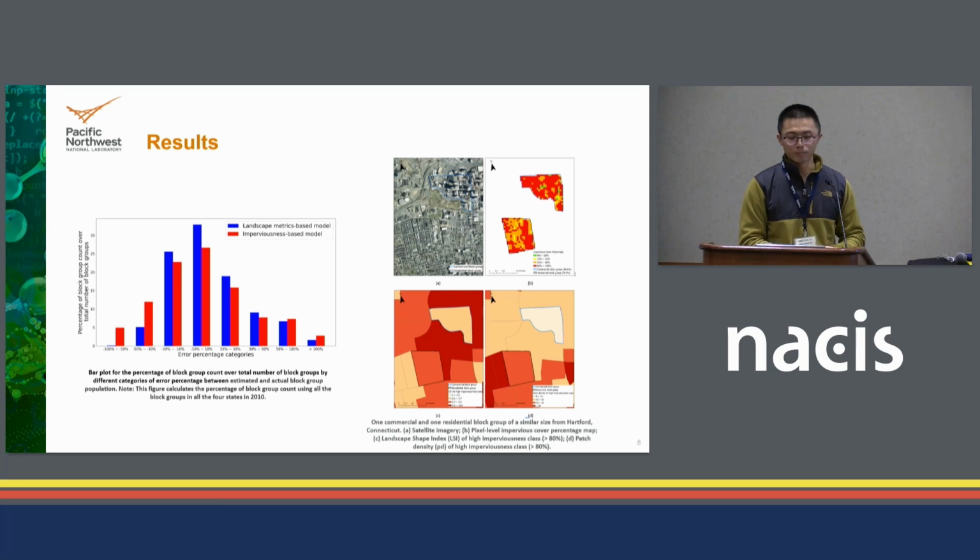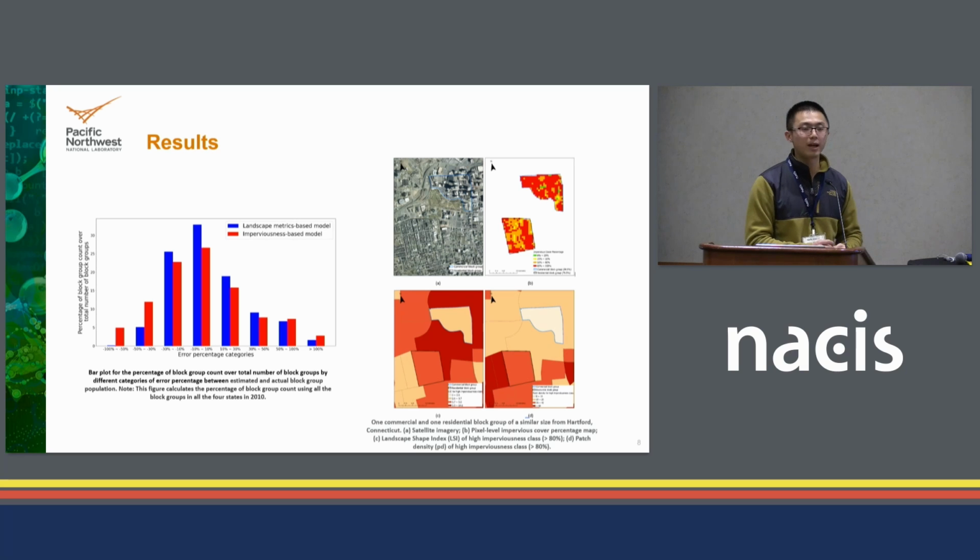So in the traditional imperviousness-based model, because the population is downscaled based on the total imperviousness value, the downscaled population for the CBD is going to be the same as for the residential area, which causes lots of overestimation of population in the CBD area, where it should not receive that population.